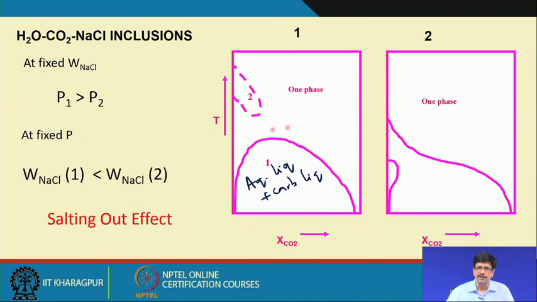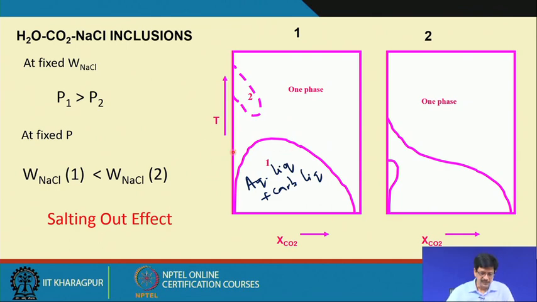Invariably the solubility of an electrolyte like sodium chloride will be very negligible in the liquid carbon dioxide. So, it is the aqueous component which will accommodate the salt in the system after the post entrapment phase separation.